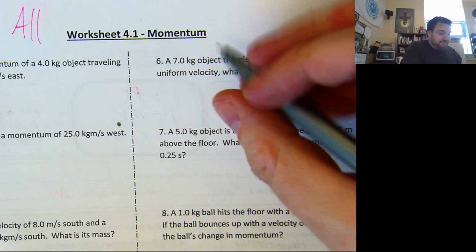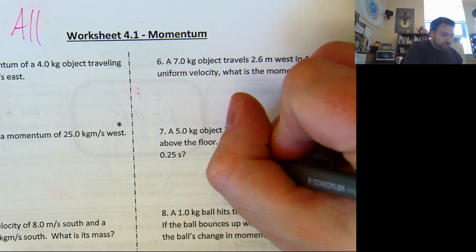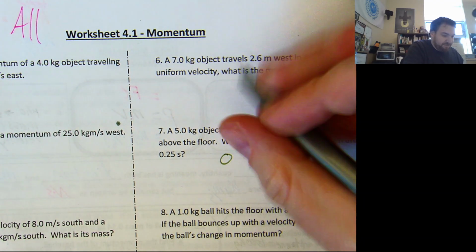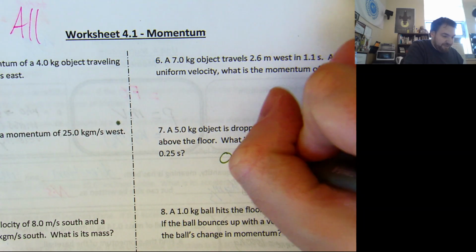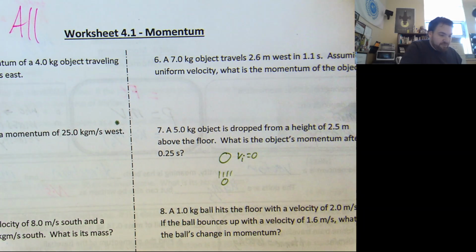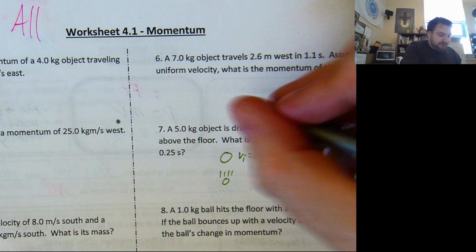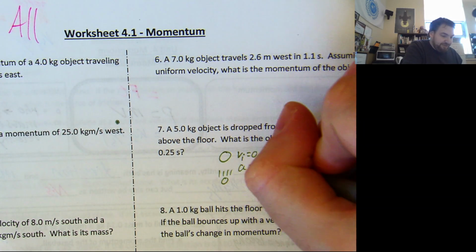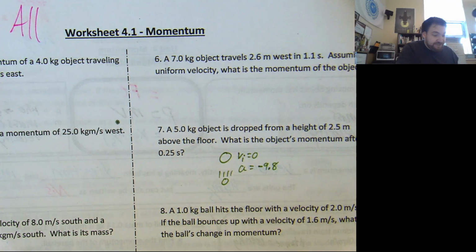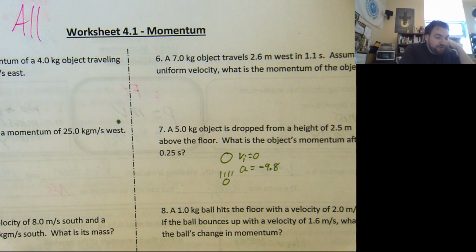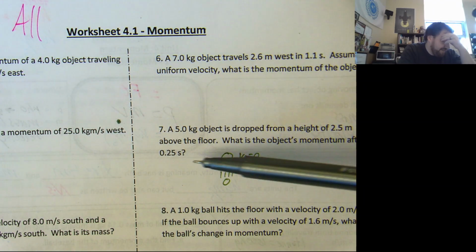Okay, you've got a 5 kilogram object being dropped. So VI equals 0, and then the thing starts to fall. VI equals 0, acceleration equals negative 9.8, because it's being dropped. They tell you it's being dropped from a height of 2.5 meters. And you want the object's momentum after 0.25 seconds.